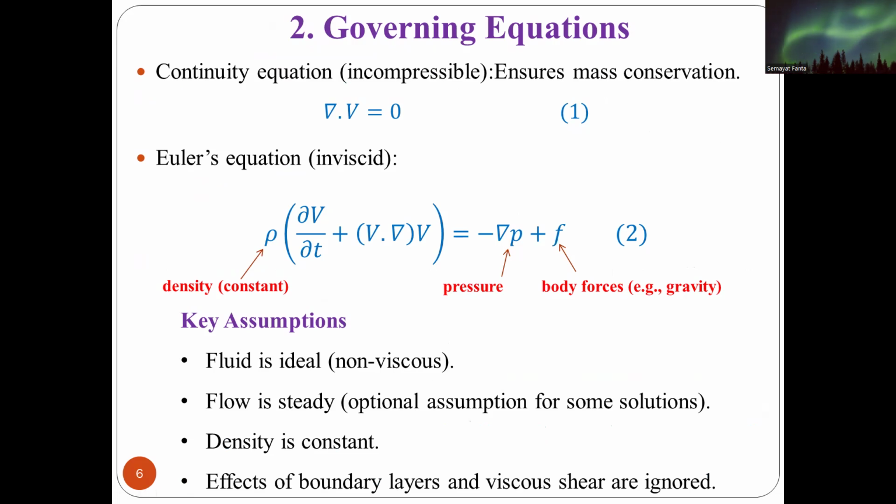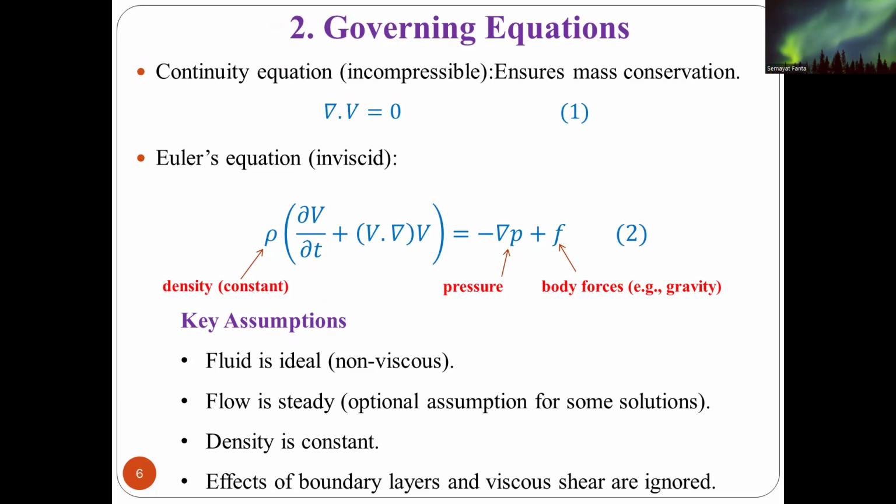And directly starting from the Euler equations for inviscid flow, we have density times the rate of change of velocity, which equals minus the gradient of pressure plus the body force. That body force is due to the presence of gravitational force.